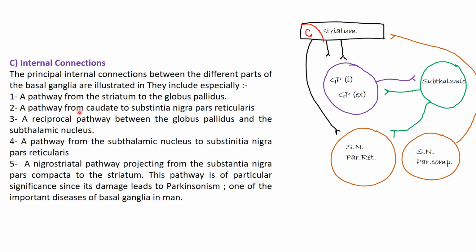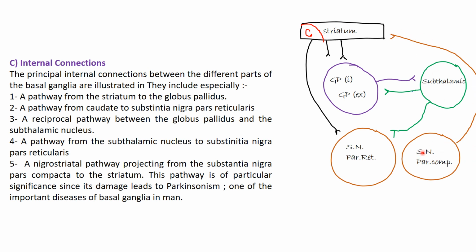We have a pathway from the caudate to the substantia nigra pars reticulata, and we have a reciprocal pathway between the globus pallidus and the subthalamic nucleus. We have a pathway from the subthalamic nucleus to the substantia nigra pars reticulata.